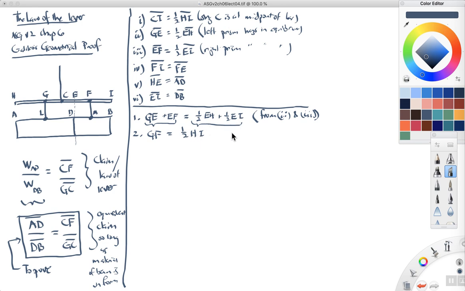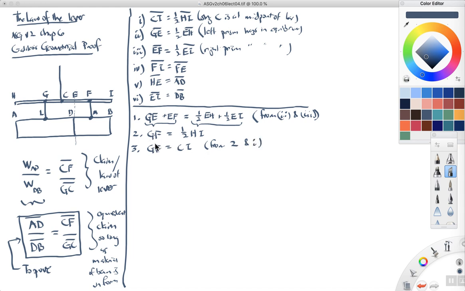So, good. Number 3, we can see that GF must then be equal to CI. This follows from the previous step 2 and point 1.